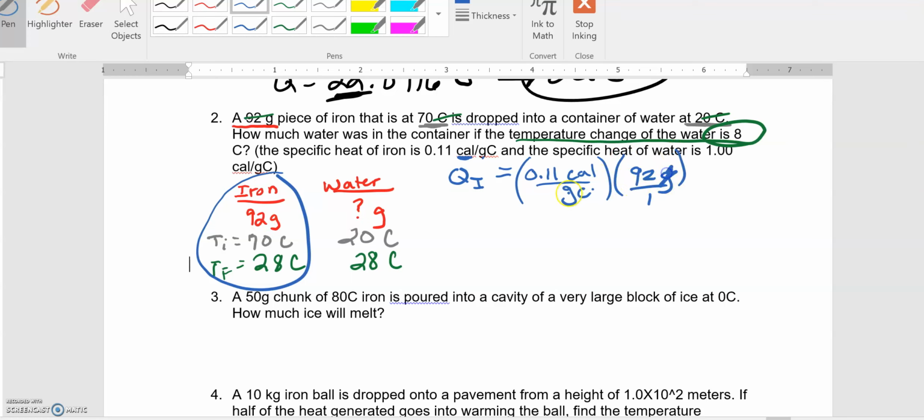My grams and my grams will cancel out. And then my change in temperature. Well, this time I know the starting temperature is 70 and I know the final temperature was 28. So that is a change of 42 degrees Celsius. So you do have to subtract those two values this time. And again, my Celsius will cancel out.